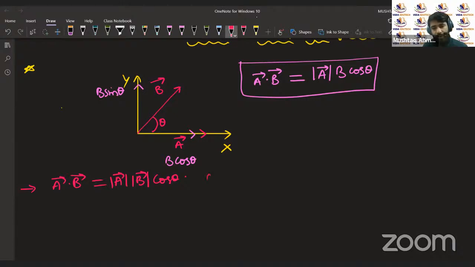Or we can also define it as the component of B vector along the A vector.